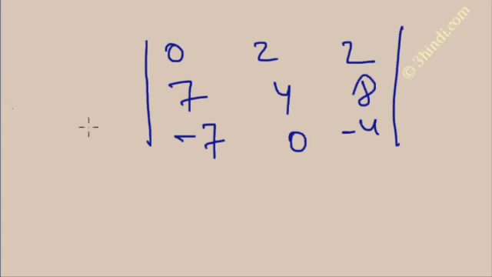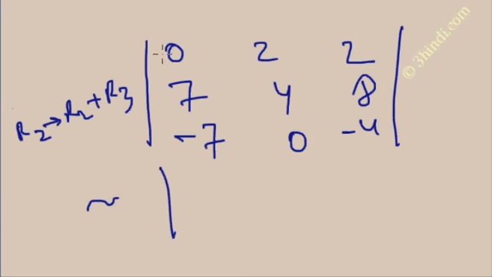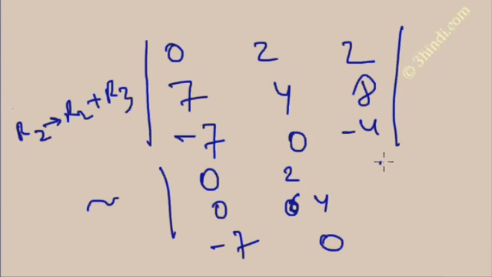To make more zeros, perform R2 plus R3. This gives 0 0 minus 7 and 6, 2 4, and 4 0, and 8 minus 4 is 4, so 4 and minus 4.